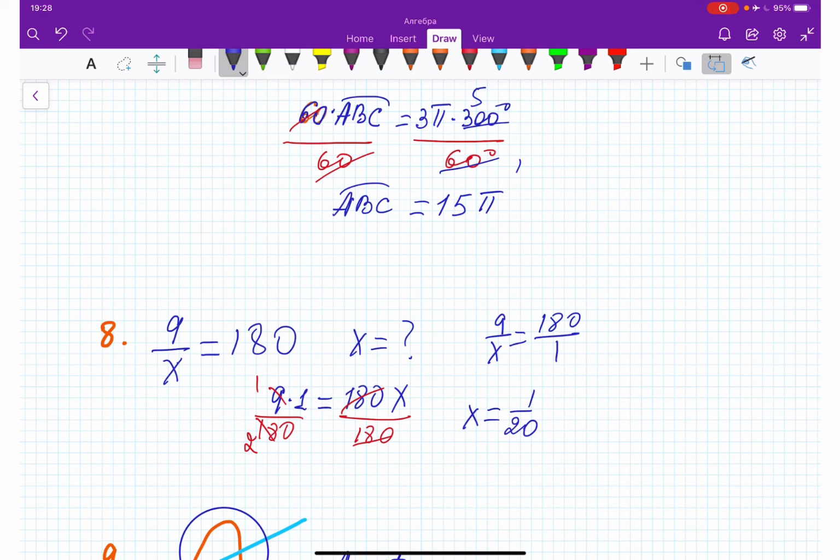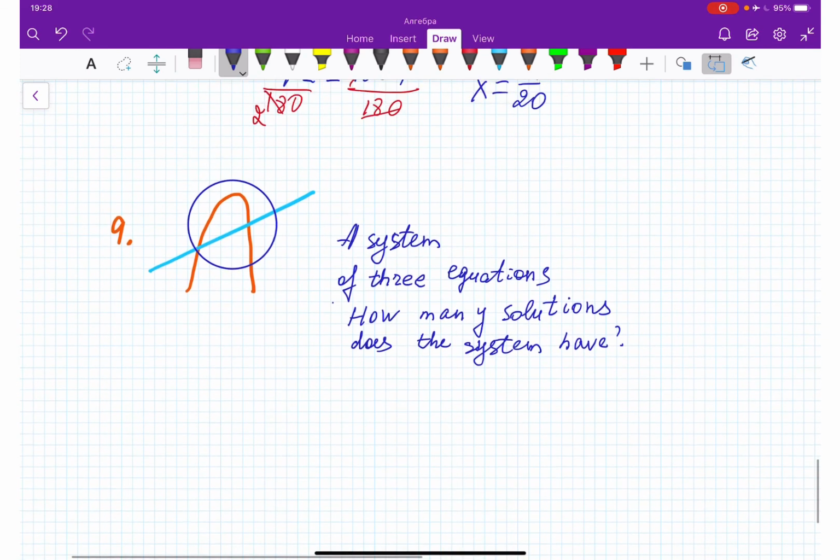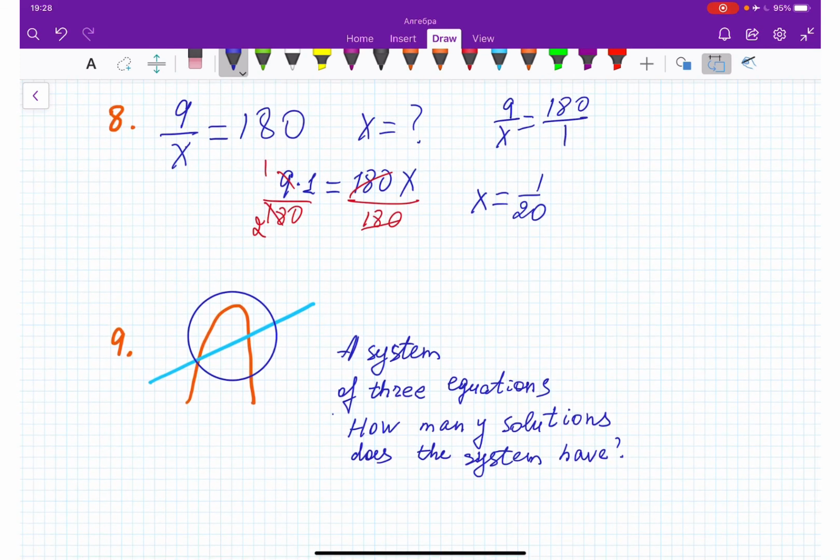Okay. And the last question, a system of 3 equations. We have here the graph of the system of 3 equations. How many solutions does this system have? What do you think? When we are solving a system of 3 equations, the solution has to satisfy all 3.